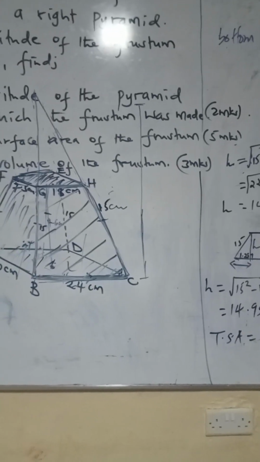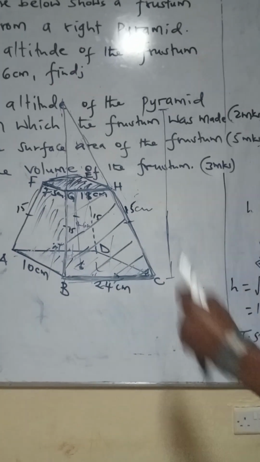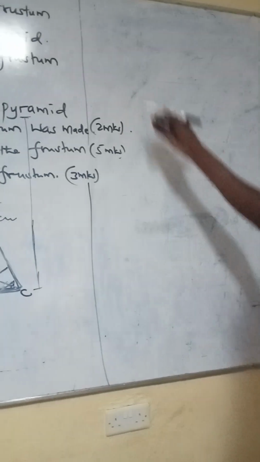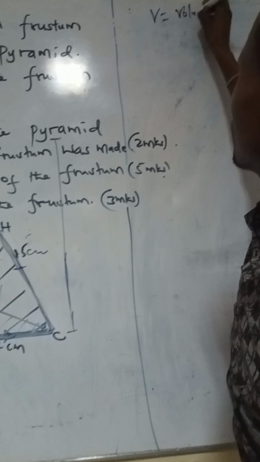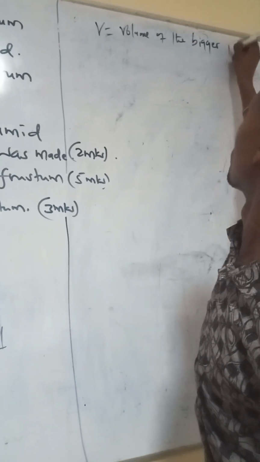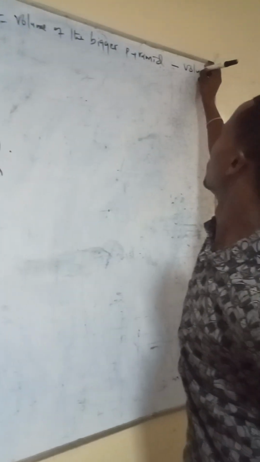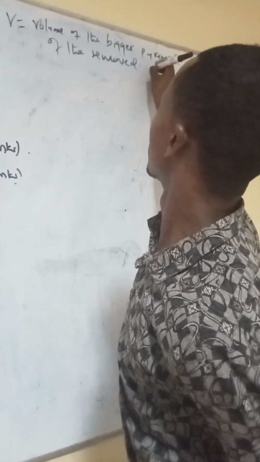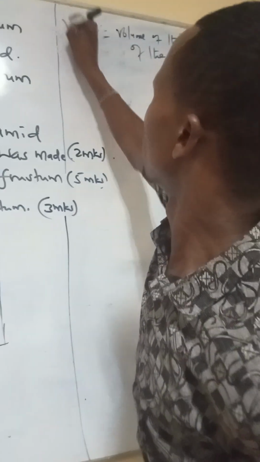The volume of a frustum is equal to the volume of the bigger pyramid minus the volume of the removed pyramid, and this is the volume of the frustum.